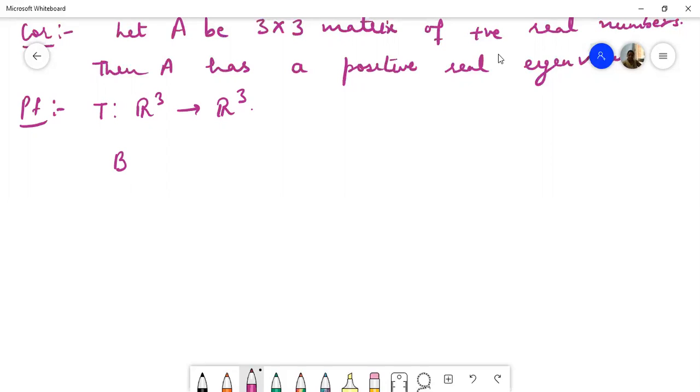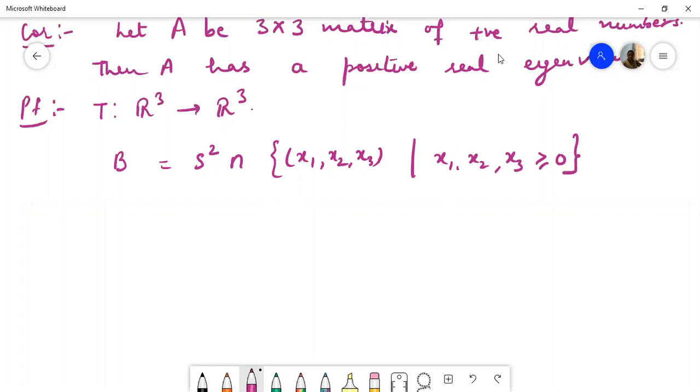Means B is that portion of S2 which is lying in the first octant, means the points (x1, x2, x3) where x1, x2, x3 all are non-negative. So we can easily check that this B is homeomorphic to the ball B2, and therefore we can apply Brouwer's fixed point theorem on this B.